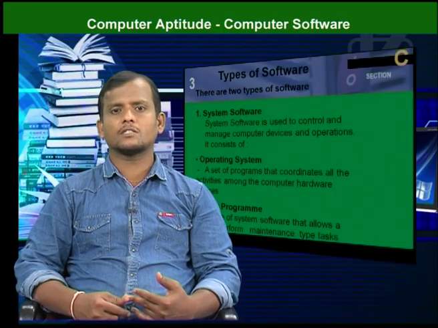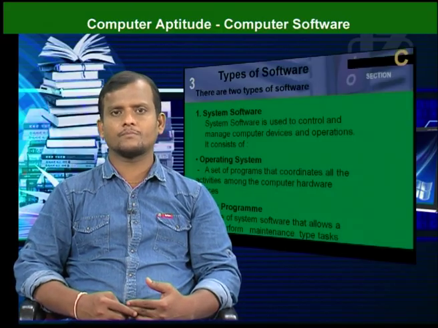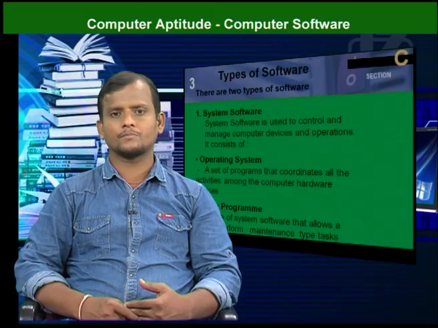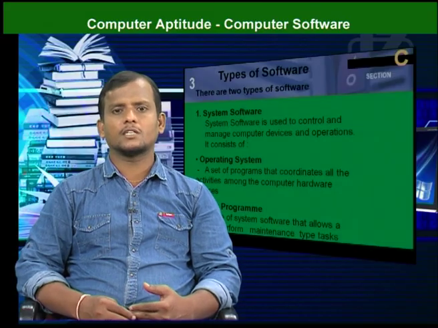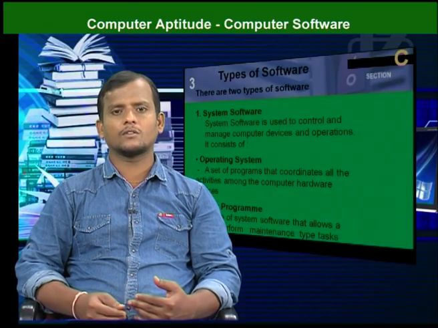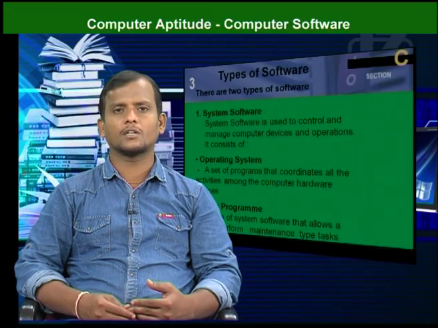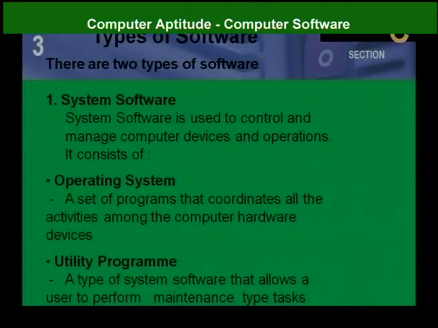A few examples of system software are the operating system and utility programs. What is an operating system? A set of programs that coordinates all the activity among the computer hardware devices. This is the main heart or main source of computer software, right?